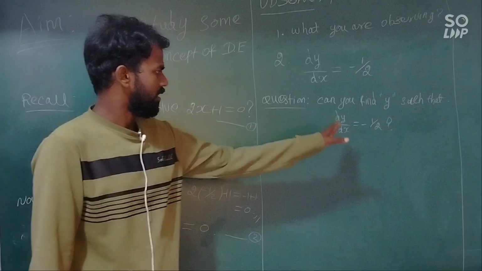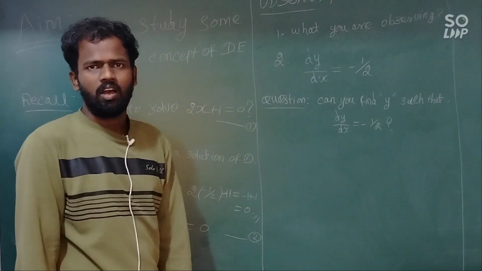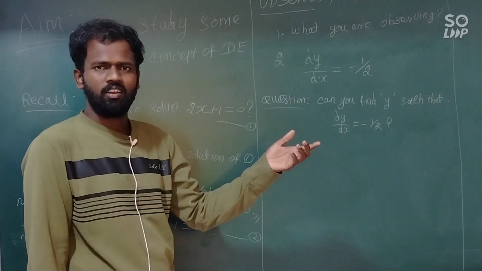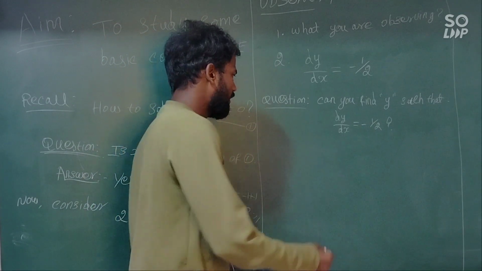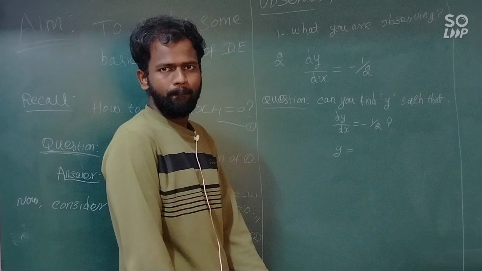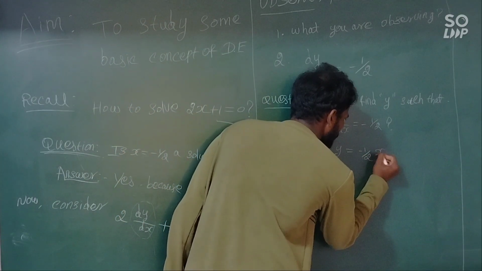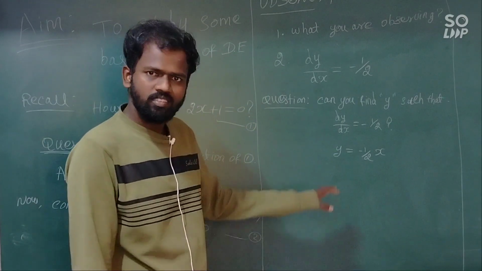What function will you take so the derivative will be minus 1 by 2, or to be more simple, the function whose derivative is 1 is what? x. Now you want minus 1 by 2. So what could this y be? Initial guess? y could be? Yeah. Minus 1 by 2 x.